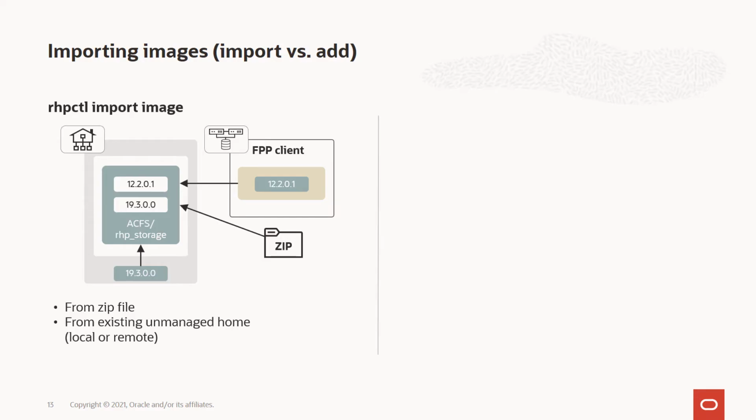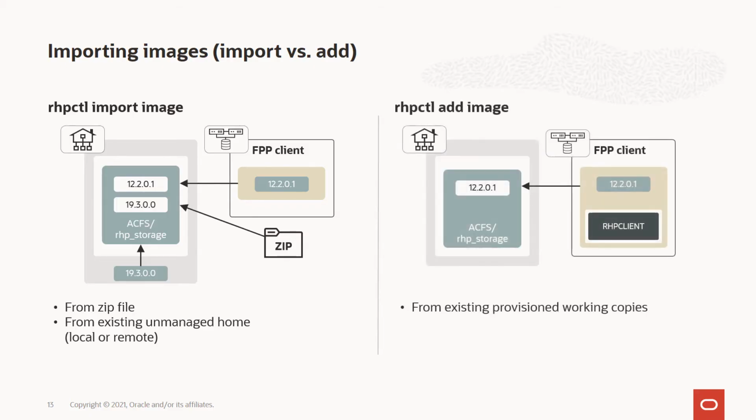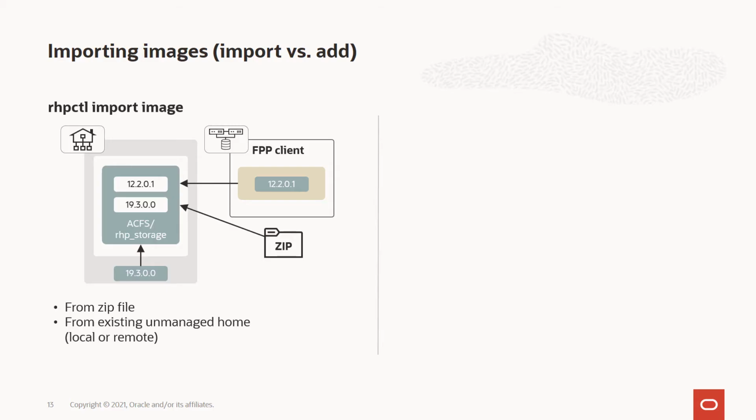So for example, if we have an Oracle home that we like, that has all the patches and one-offs that we use everywhere in our fleet, then we can import these binaries inside the FPP server, which converts them to a gold image that can be used. Otherwise, I can use zip files. So I can zip the homes myself, ship them to the FPP server, and add them as a zip file.